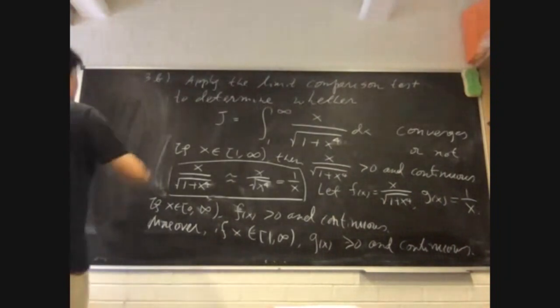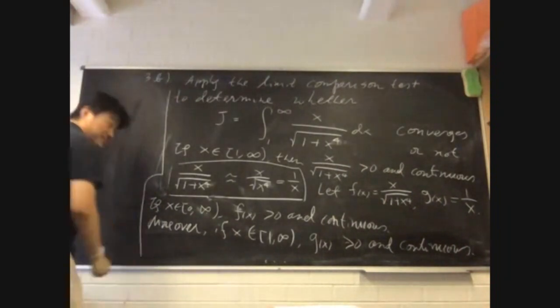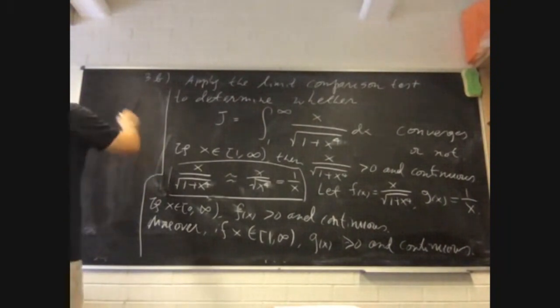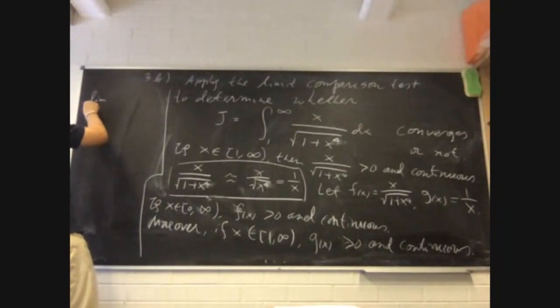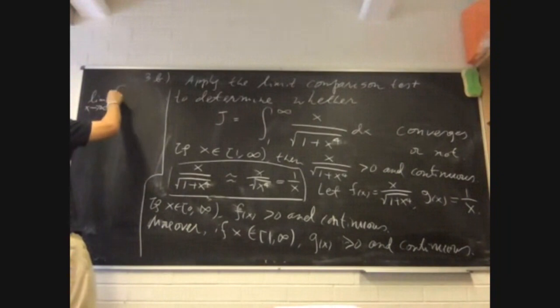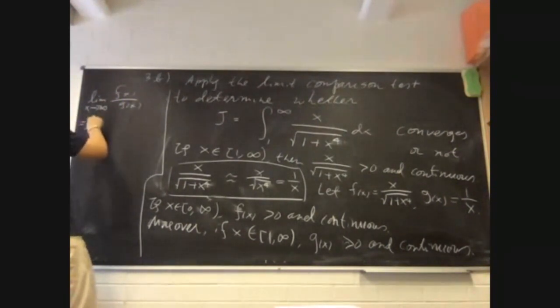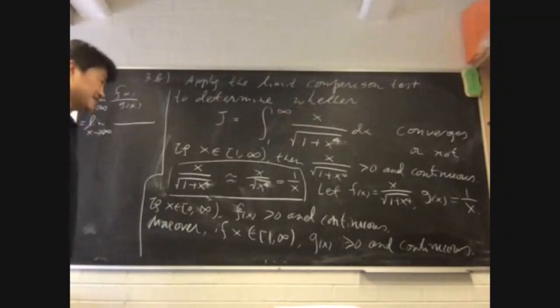The most important part of the limit comparison test, I need to compare limits, right? As the name suggests. So the limit, as x goes to infinity, of f of x over g of x. Let me just put those expressions in.